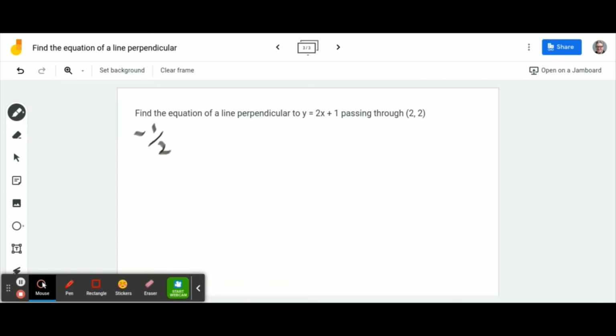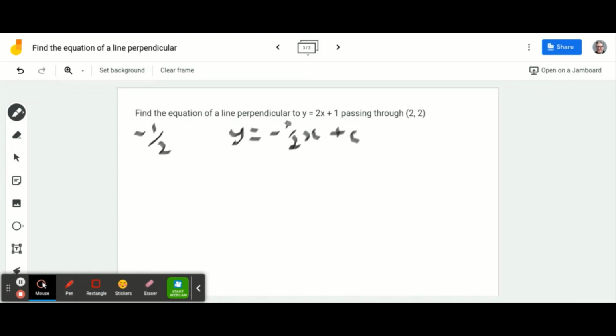We think of 2 as being 2 over 1. We make it minus, that's -2 over 1. We take the reciprocal, that's -1/2. So all lines perpendicular to y equals 2x plus 1, or plus anything, will have the form y is -1/2 x plus something.